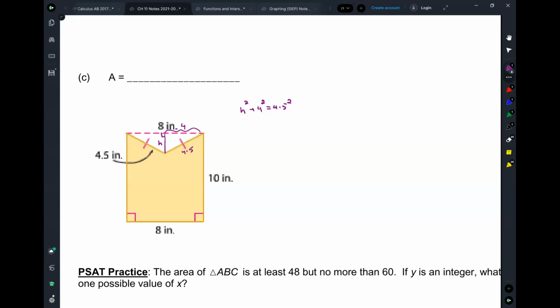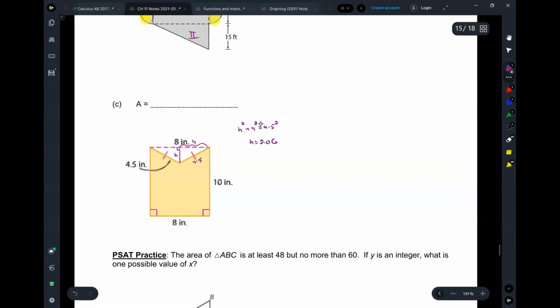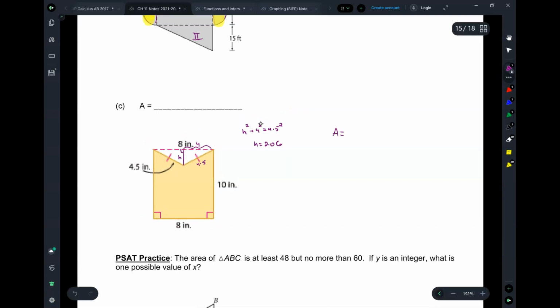So someone go ahead and tell me what you get for h. Okay, the area then is the area of the rectangle, minus half times the base, which is 8, times the height, which is 2.06, and I believe that's 71.8 inches squared.